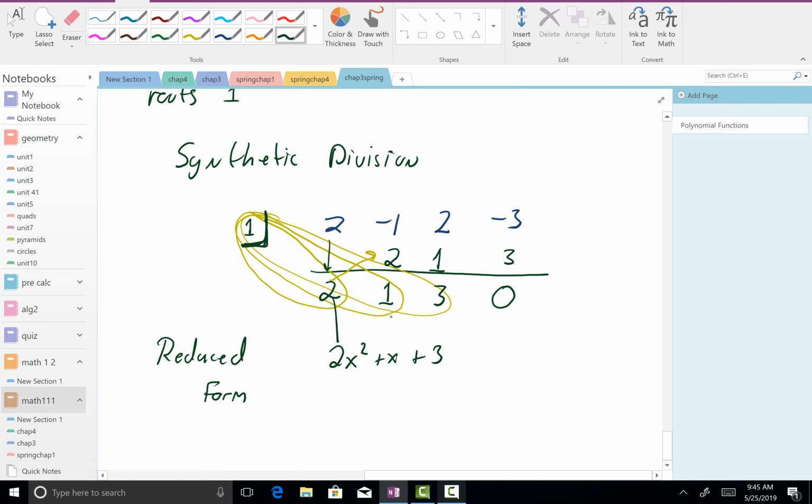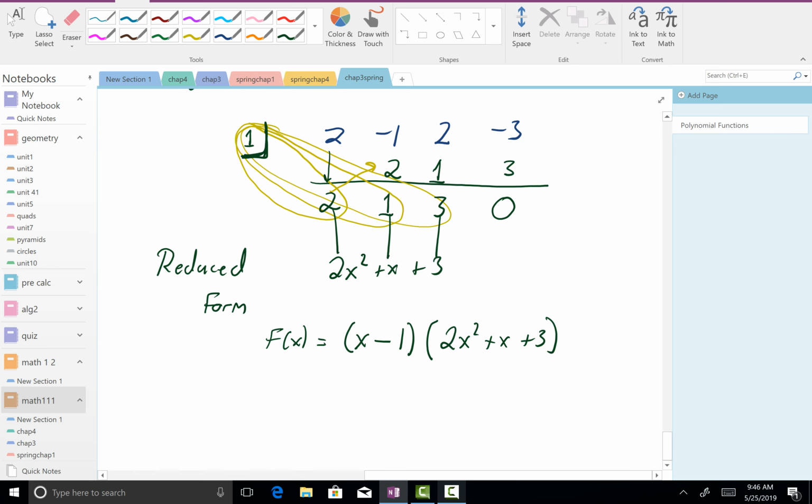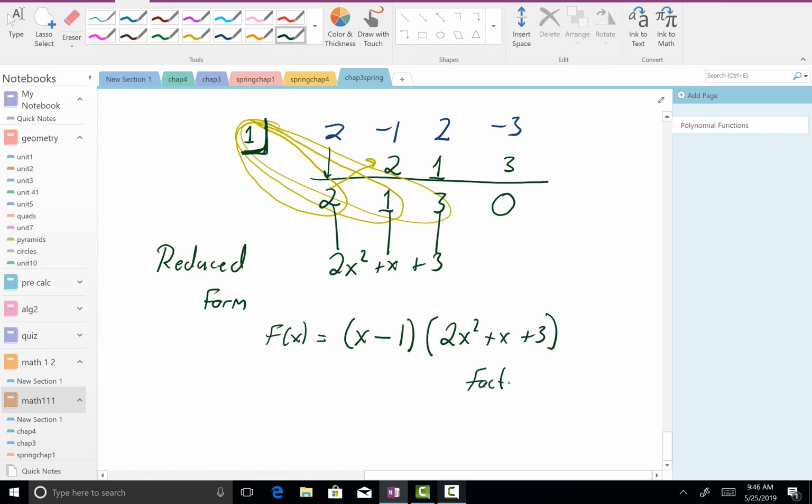So what that means is that the polynomial we wrote can be rewritten as (x minus 1) times (2x squared plus x plus 3). And this is in factored form. Now this doesn't mean anything to us now, but it will a little later.